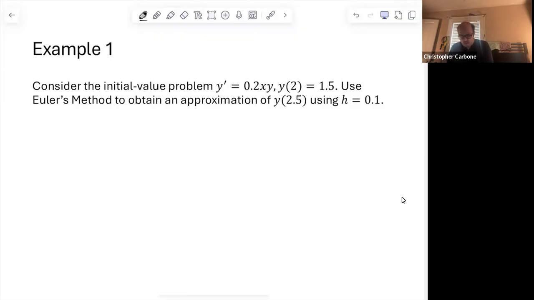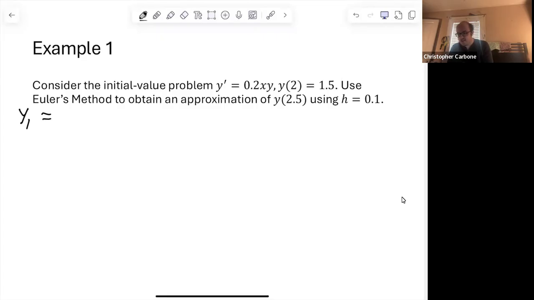So let's jump right in. For y sub 1, using the formula from the last slide, this would be y sub 0 plus h times 0.2 times x sub 0 times y sub 0.